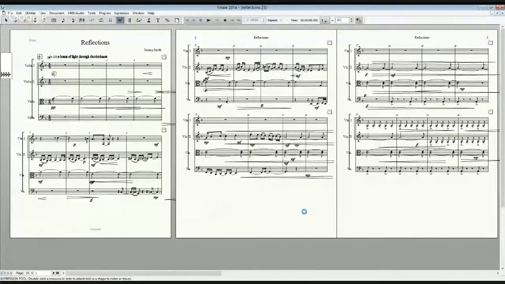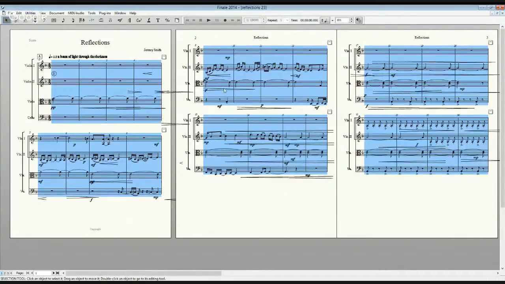So let's see, I found there's a way in Finale to just sort of mass change notes.